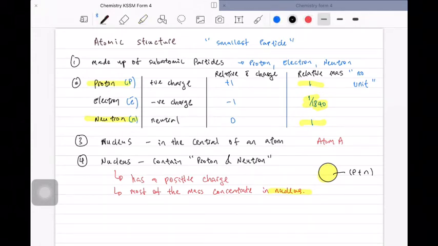Now let us move on. Electron. Now let us look at where is electron. Electron moves around the nucleus in its shell.